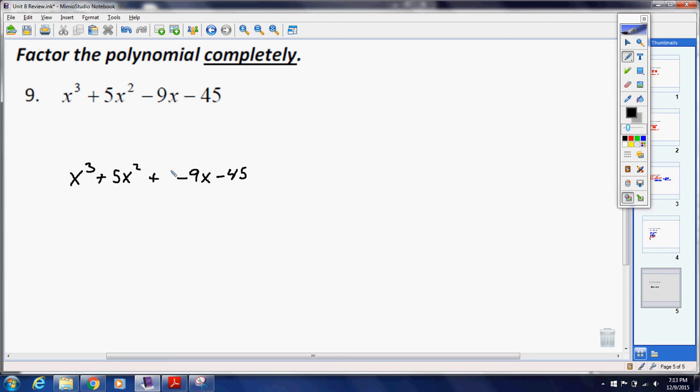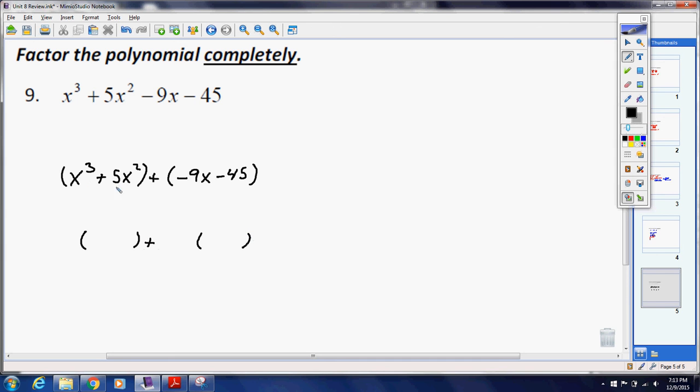I like to have my negative on the inside here when it's on the right, and I always like to leave a plus sign in between my two binomials when I'm factoring something out. So I've got to use my intuition and see what kind of common binomial I can get here.